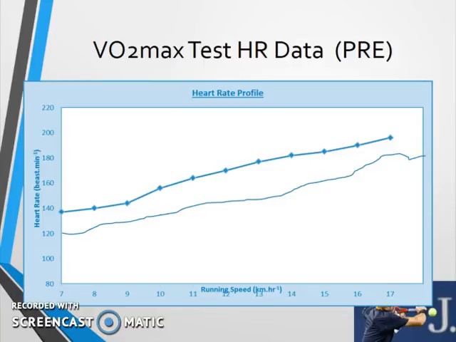So when we are training in these ways, cardiac hypertrophy would decrease the resting heart rate because the stroke volume is increased. As we can see, it's a lot lower. It would still increase, but at a slower rate, and would use less energy, and he is able to run faster for a longer period of time because the blood is still getting to the muscles at a good rate.